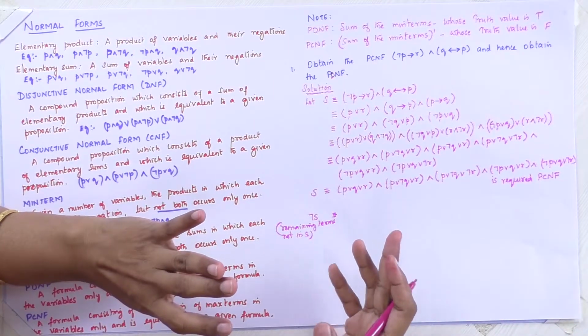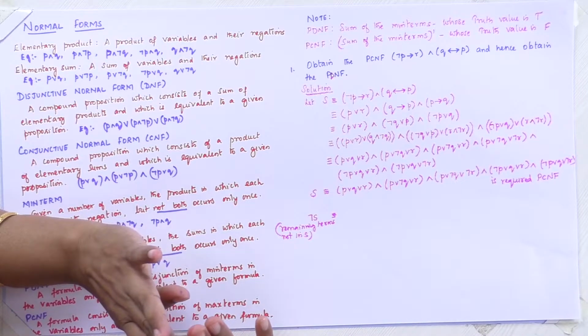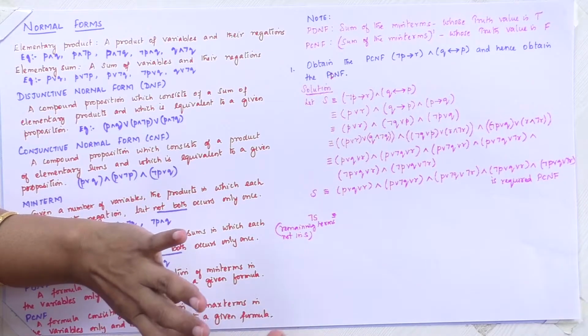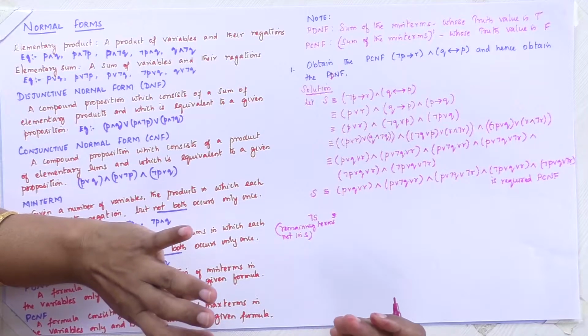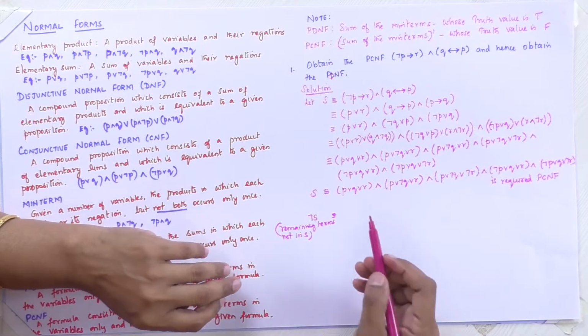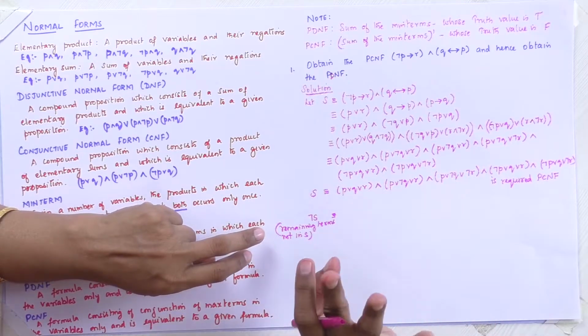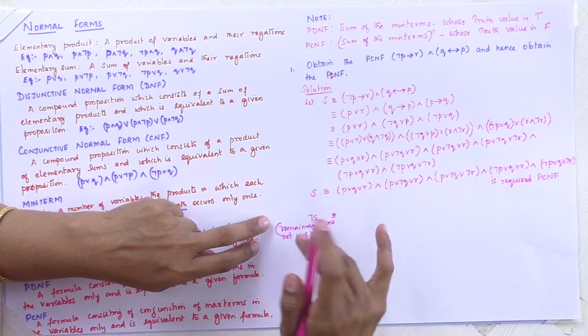So in this problem, we have 3 variables p, q, r. So totally how many terms will we have? 2 power 3, which is 8 terms. But we have got only 5 terms, so we will have to write down those remaining 3 terms, denoted by negation of S.